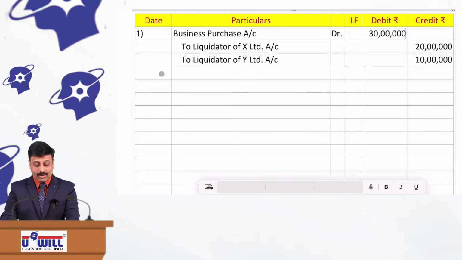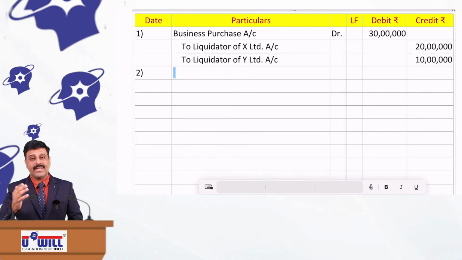Okay. Now second entry is to be passed for taking over assets and liabilities. So we studied this entry in the last session yesterday. Assets come in, debit what comes in, assets account debit. Liabilities become payable for us, credit the payable to liabilities account and to business purchase account. Business purchase account we will close, with the amount of purchase consideration.